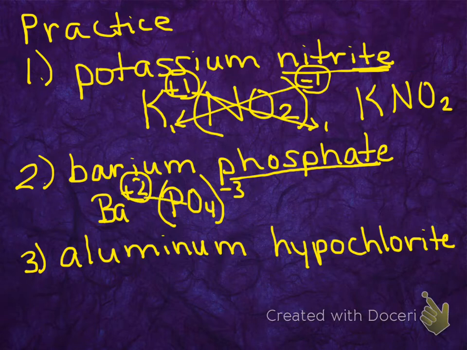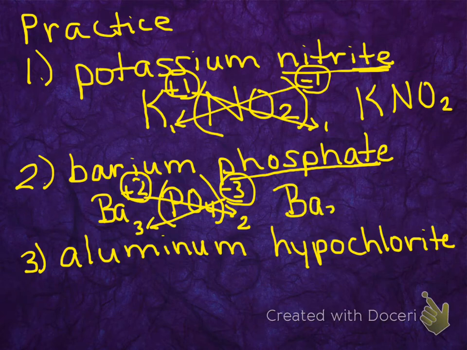So we're going to crisscross our charges. We're going to take this down outside of the parentheses. We're going to take this down. Our final compound formula is Ba3, we have to put parentheses, PO4 parentheses 2. So there's 2 phosphate ions and 3 barium ions in that compound. Ba3(PO4)2.